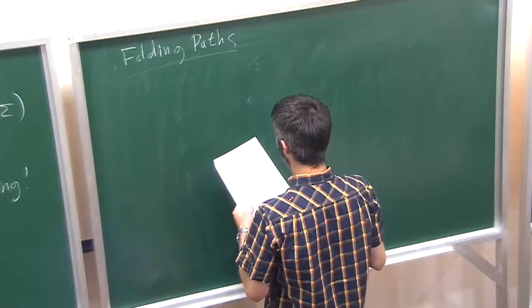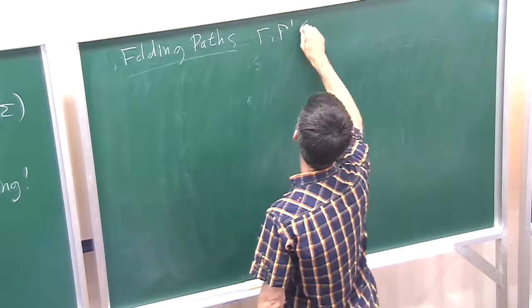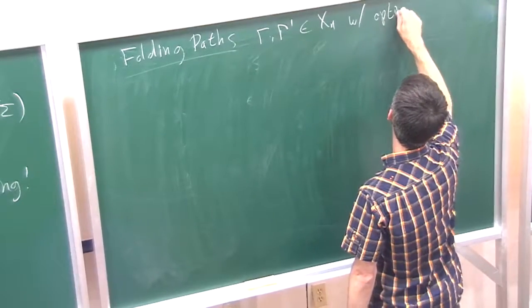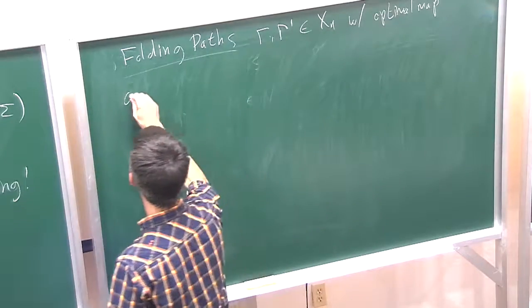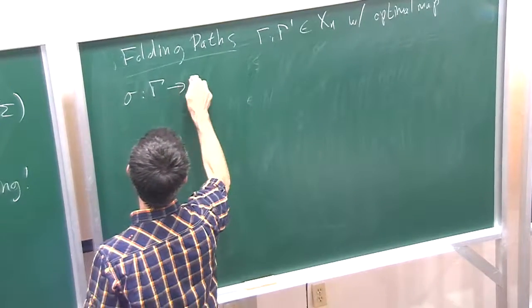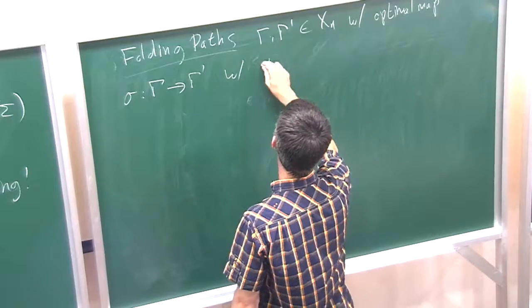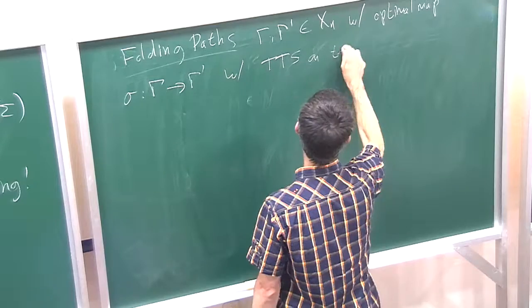So I have two points again in outer space, with an optimal map sigma from gamma to gamma prime, with a train track structure on the tension graph.